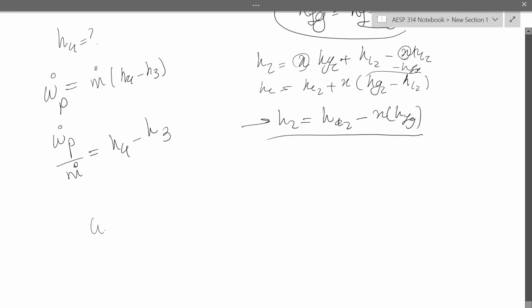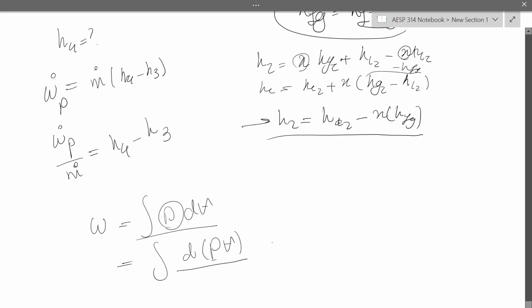Work is equal to the integral of P dV, right? The correct formulation is actually the integral of d(PV), which expands to P dV plus V dP.